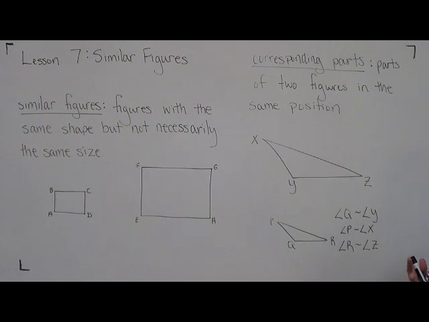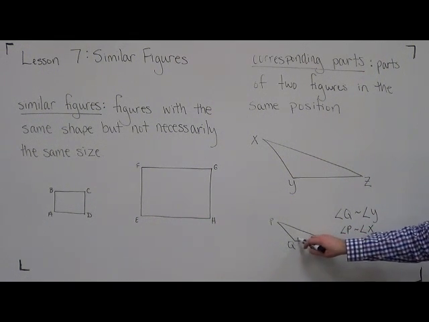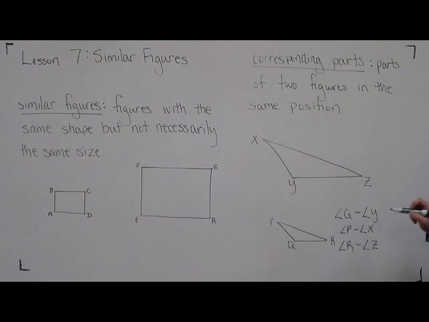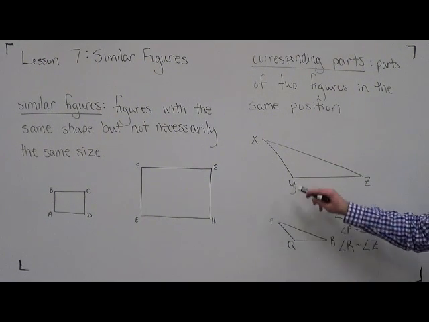Since this is the first geometric thing we've done, I'm introducing you to some of this notation. This little L shape looks kind of like the greater than or less than symbol, but it's the angle symbol. Anytime we're talking about one of our corners or angles, we're going to use that shape. So angle Q and angle Y are in the same position.